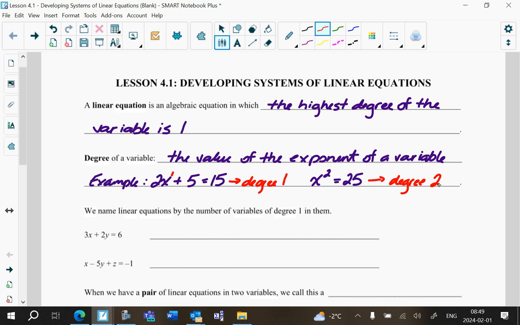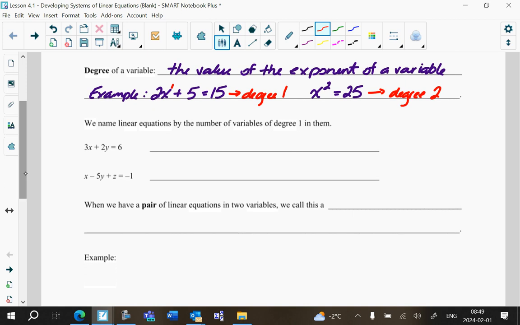So linear equations, we name them by the number of variables of degree 1 in them. So here, notice we have two variables. What's the degree of each variable? Well, 3x is the same as 3x to the first. 2y is the same as 2y to the first.